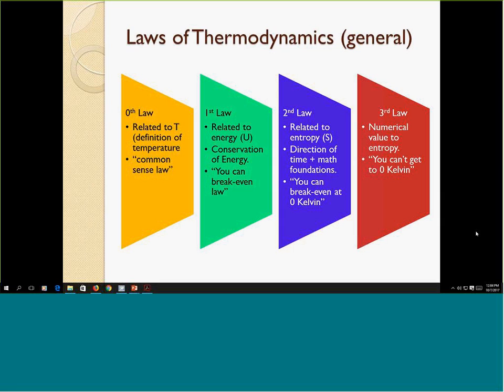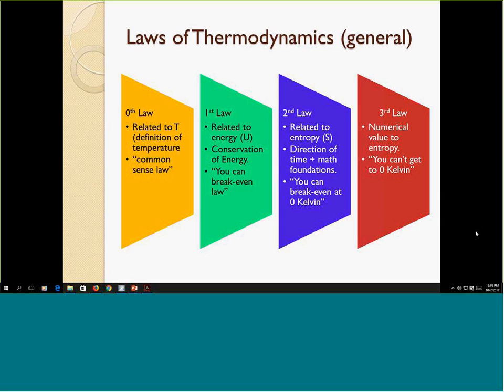That crystal ball breaks on the condition that it hits the floor. That's why you get to 0 Kelvin. Like the second law, sorry, I forgot to mention, I call it you can break even only at 0 Kelvin, because in the second law the entropy rule applies at 0 Kelvin.